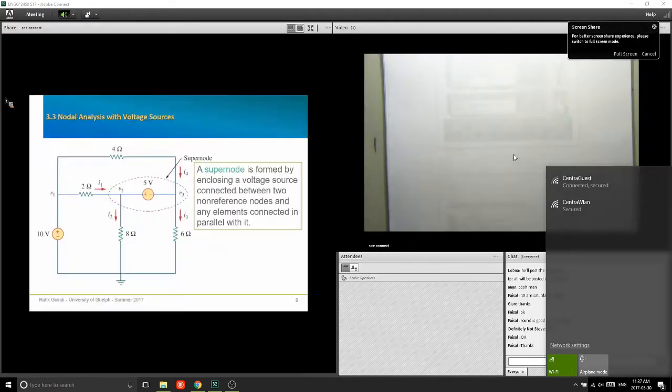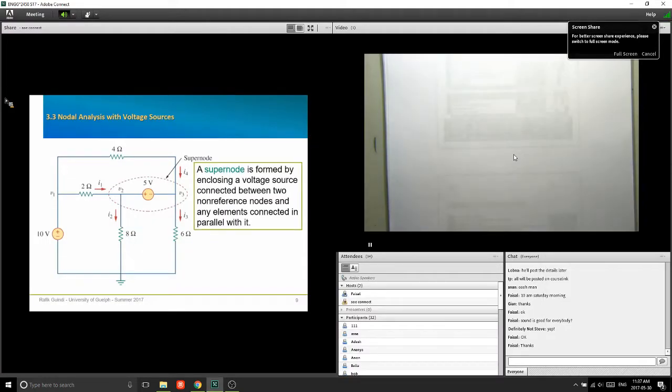I'm going to form a supernode like this, and this is the definition. A supernode is formed by enclosing a voltage source connected between two non-reference nodes and any elements connected in parallel with it. That's the definition of a supernode. And remember, when we defined KCL, we mentioned that you can apply KCL at a node, or you can apply KCL at a closed boundary.